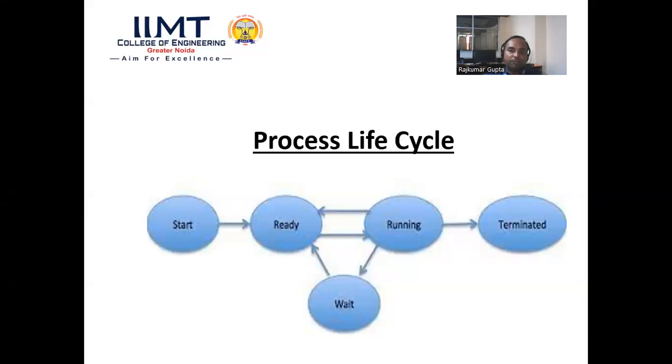Suppose a process P1 is being executed by the CPU and at that time process P2 comes for its execution immediately. At that time P1 has to go to waiting state and P2 will be in running state. From waiting it will move to the ready state and from ready to running state again.